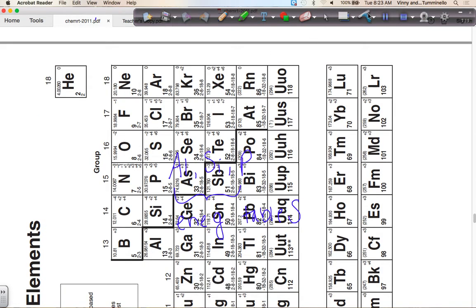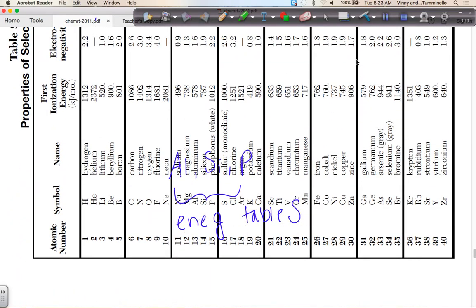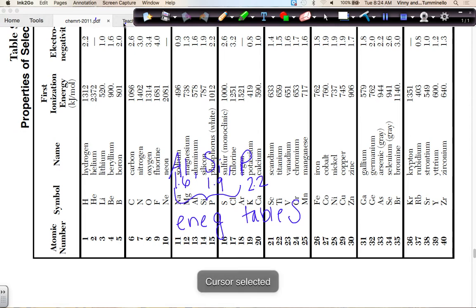So we're going to look for table S and find those elements. Aluminum has an electronegativity of 1.6. Silicon has an electronegativity of 1.9, and phosphorus has an electronegativity value of 2.2.